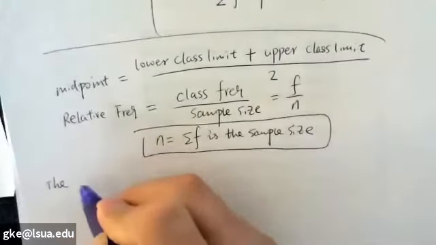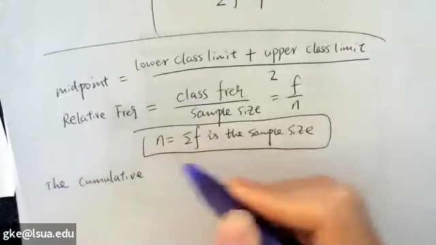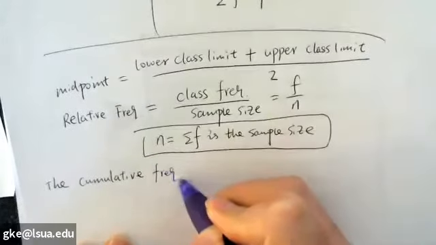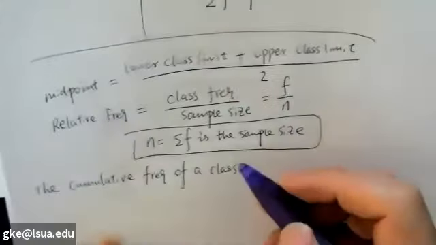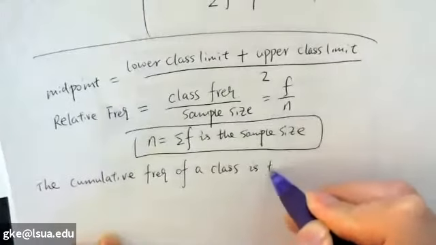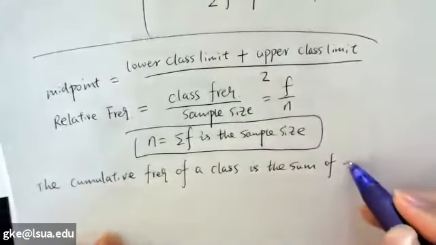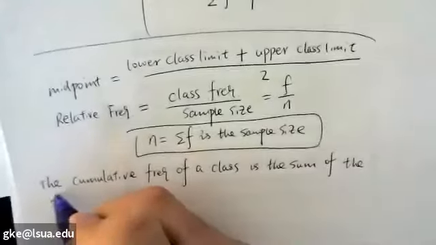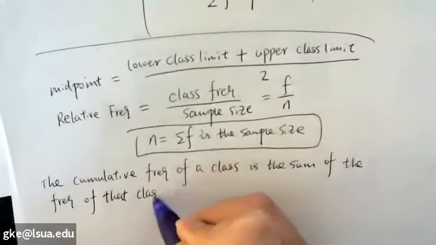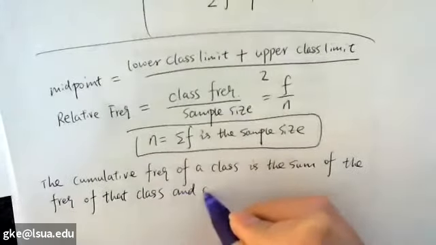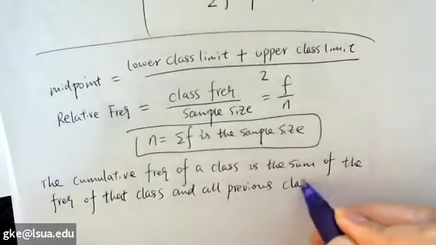The cumulative frequency of a class is the sum of the frequency of that class and all previous classes.